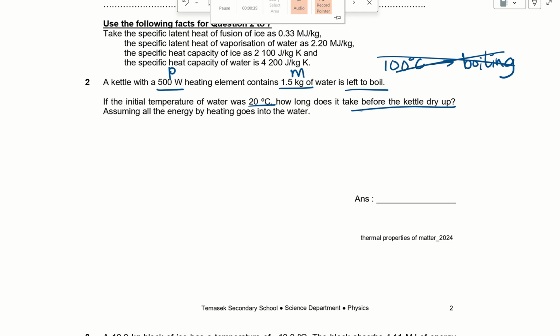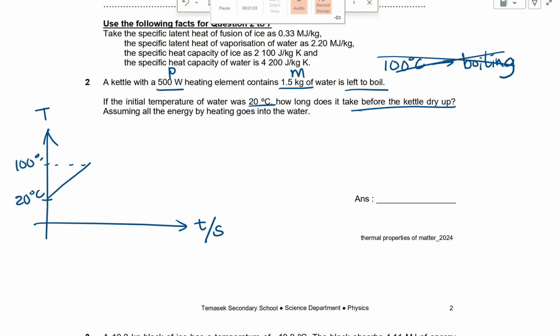So it means that if I were to draw a heating graph, initial temperature was 20 degrees, and this is my temperature versus time graph. If the water is 20 degrees and I heat it in the kettle, the temperature will increase until it reaches 100 degrees, and then it will be a flat line whereby it starts boiling.